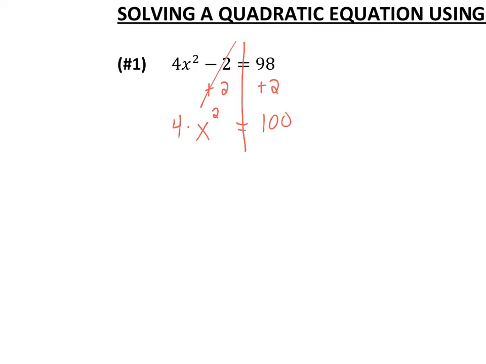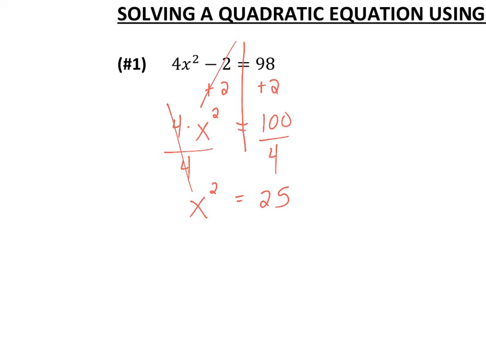So we want to cancel out that times 4. How do you cancel out times 4? You would divide by 4 on both sides, and that 4 would cancel. So now we're left with x squared equals 25. So we got the x squared alone.